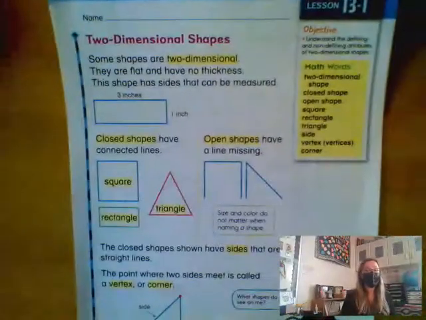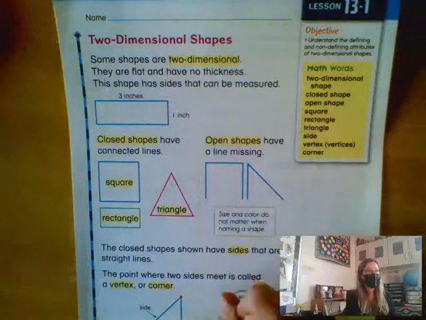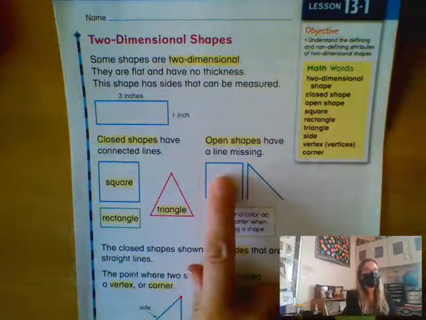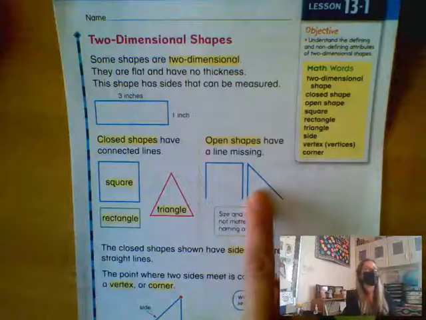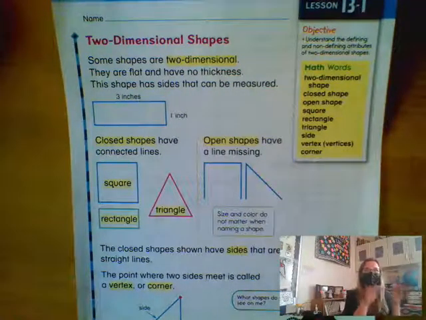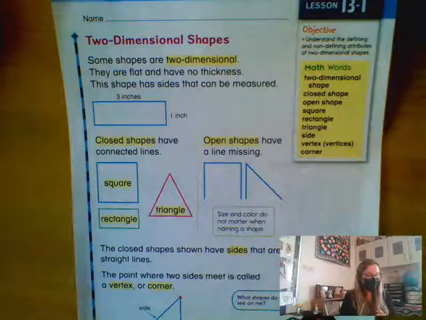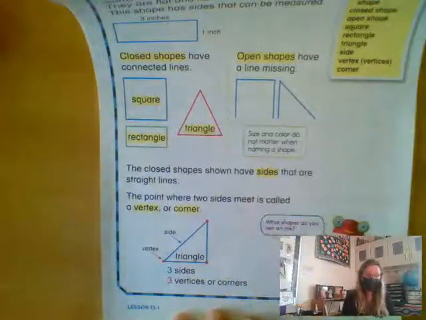An open shape has lines missing. See how these have lines missing? So I could walk into this room with no problem. I could walk into this room with no problem. So that's pretty easy. Closed, you can't get in. Open, there's a side that's open. Okay? The closed shapes have sides that are straight lines.